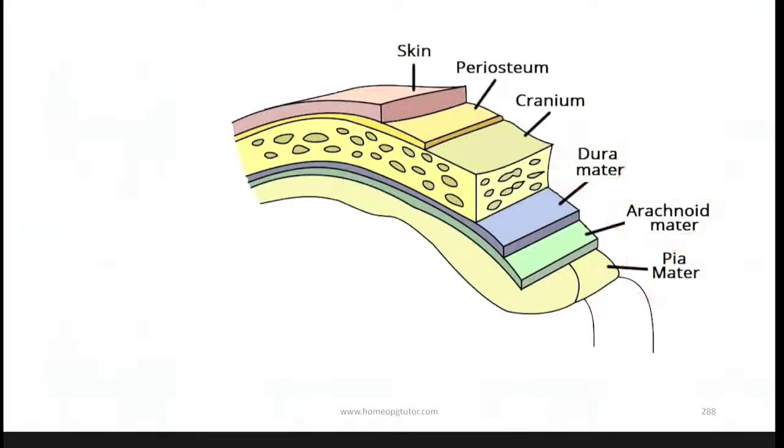These coverings have two major functions. First, they provide a supportive framework for the cerebral as well as cranial vasculature. Second, they act with the CSF, the cerebrospinal fluid, to protect the CNS from mechanical damage.